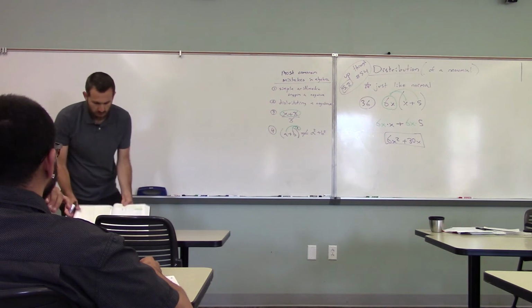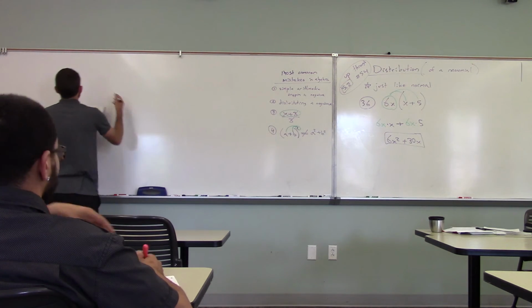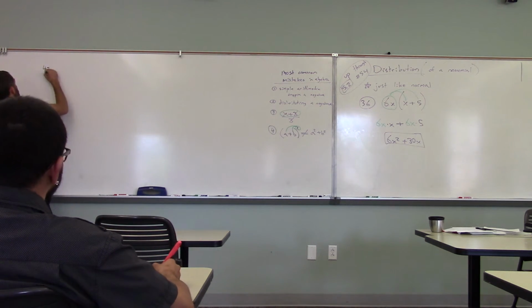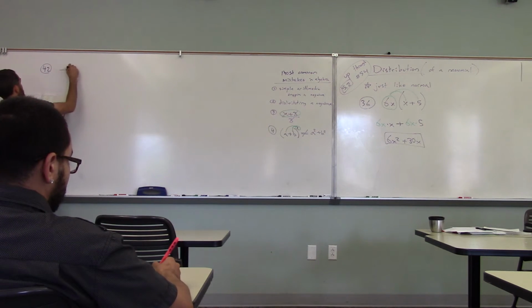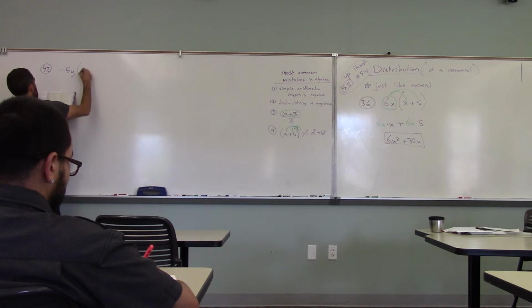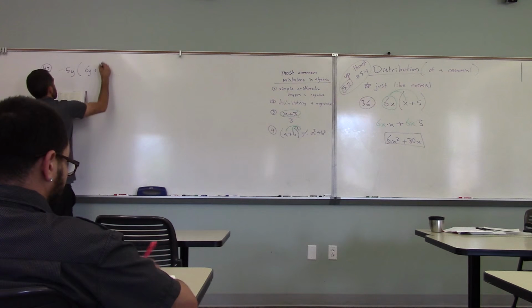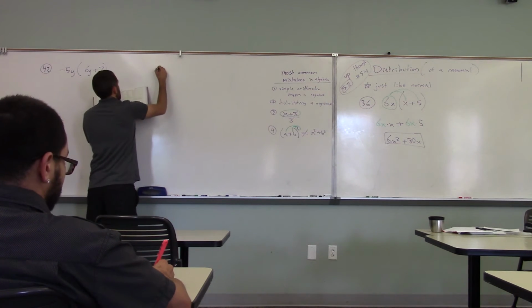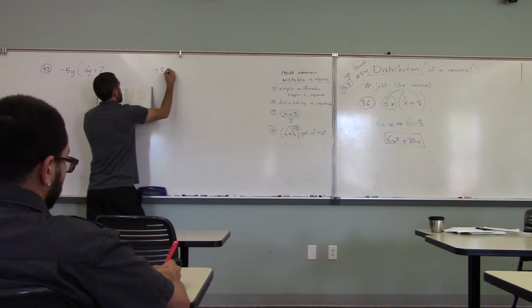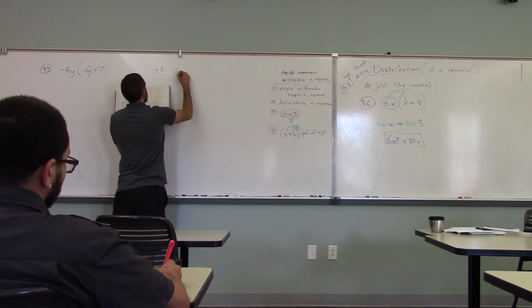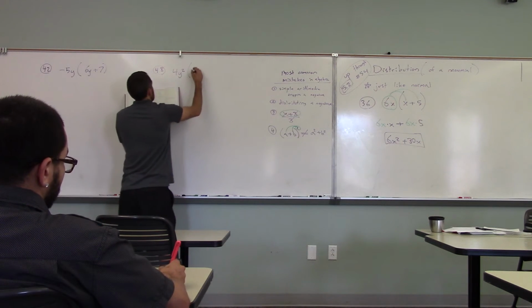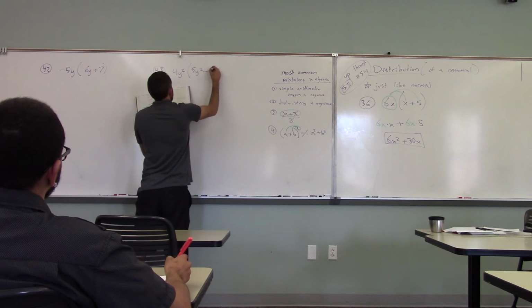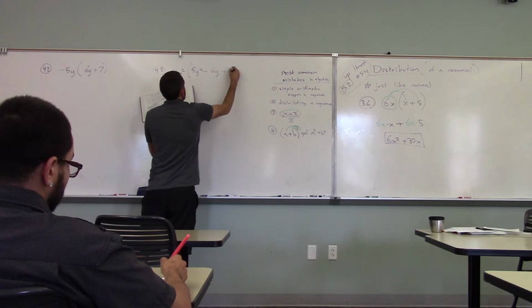Okay, so let's do 2 more. Let's do 42 and 48. So 42 is negative 5y times 6y plus 7. And let's have you guys try both of these, and then we'll do them together. We got a nice intimate crowd here. So 48 is 4y squared times 5y squared minus 6y plus 3.